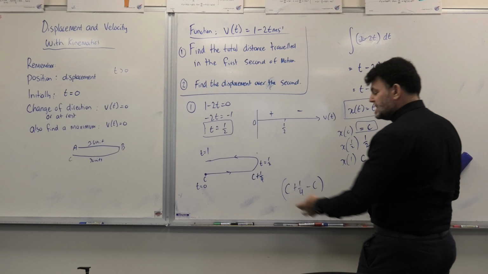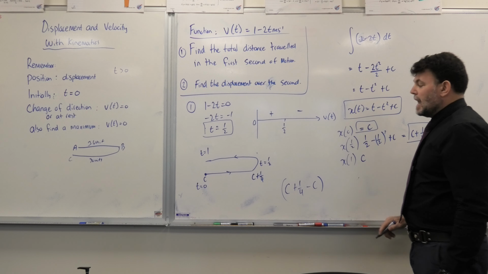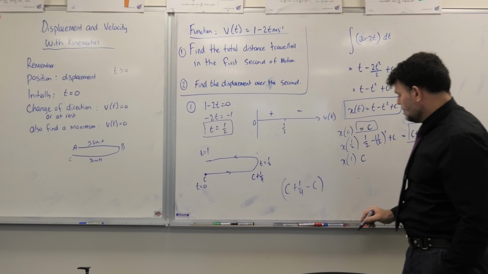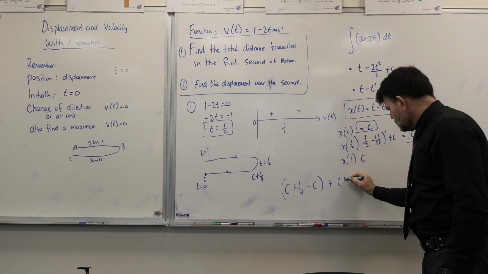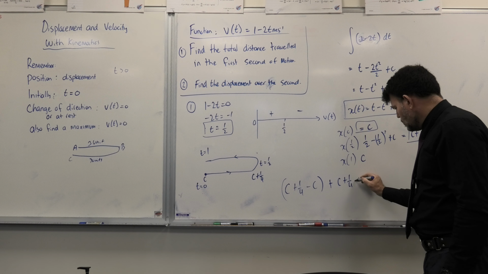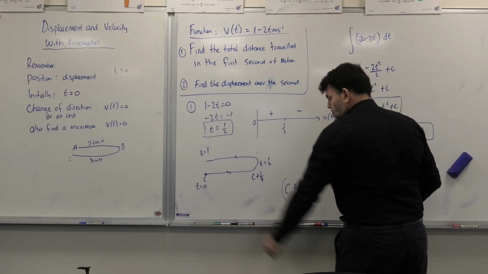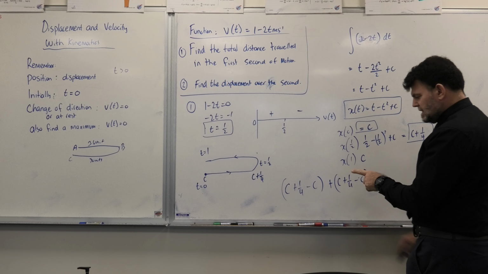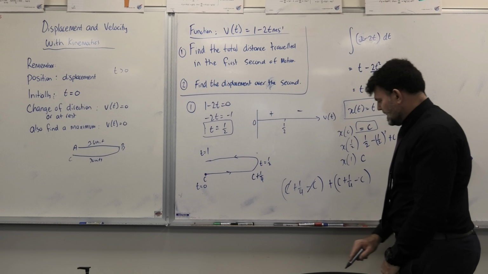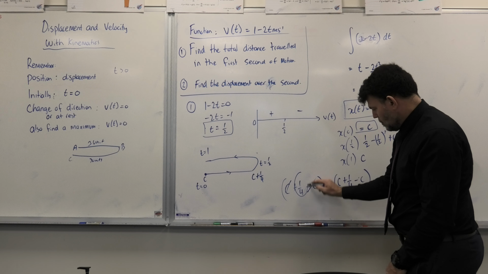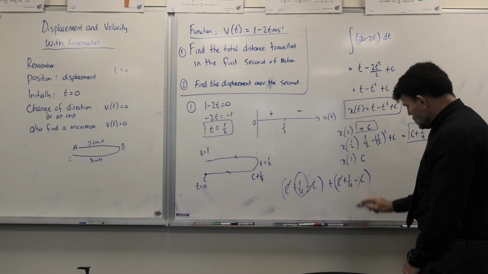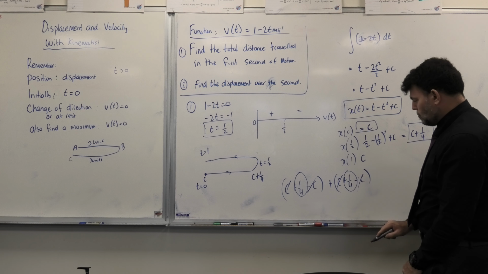So we're finding that distance between these 2 points. And because we're coming back to c, we will add on to that c plus 1/4 minus c again, because that's the distance between these 2 points. And what you should see is these two will cancel out, and I'm left with 1/4. These two should cancel out, and I'm also left with 1/4.